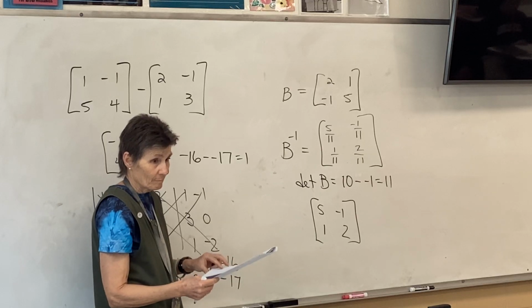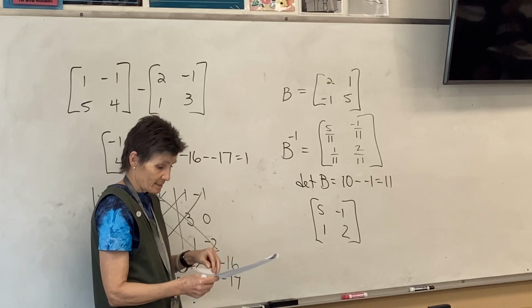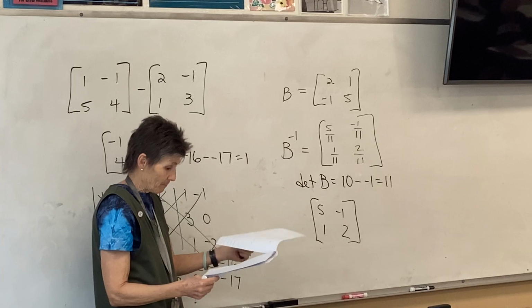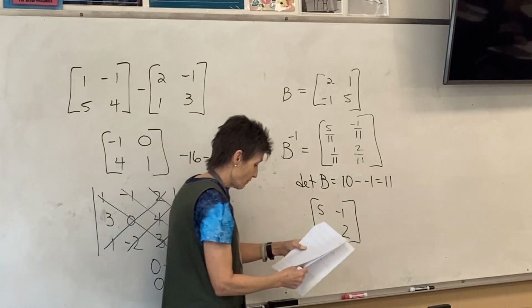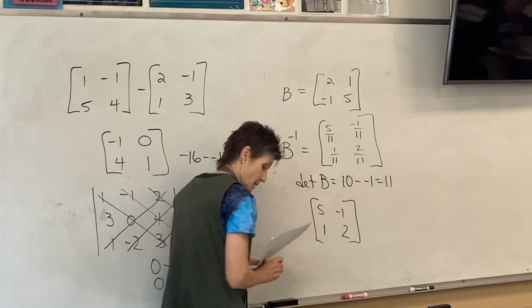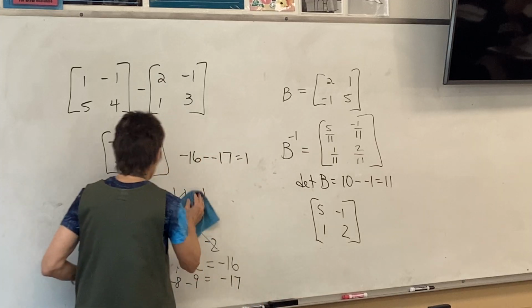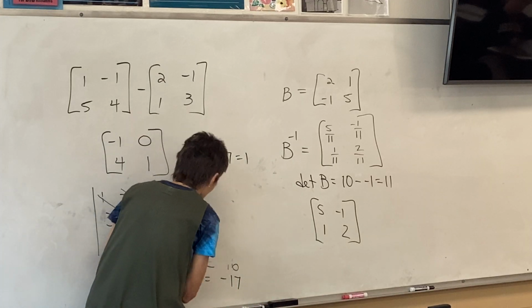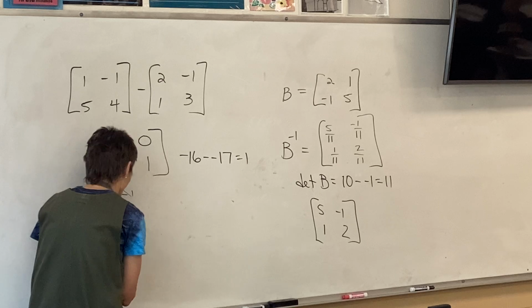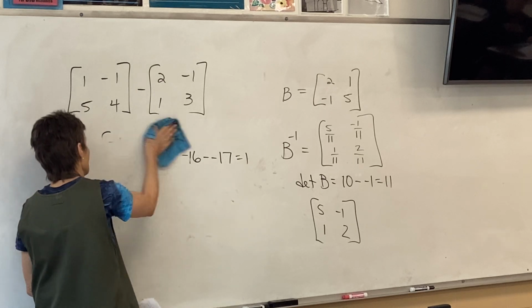Number 5 on page 6. It's all using Cramer's rule. All right, so you're going to have to do this on your test, 100% guaranteed. You're going to do a problem with Cramer's rule.